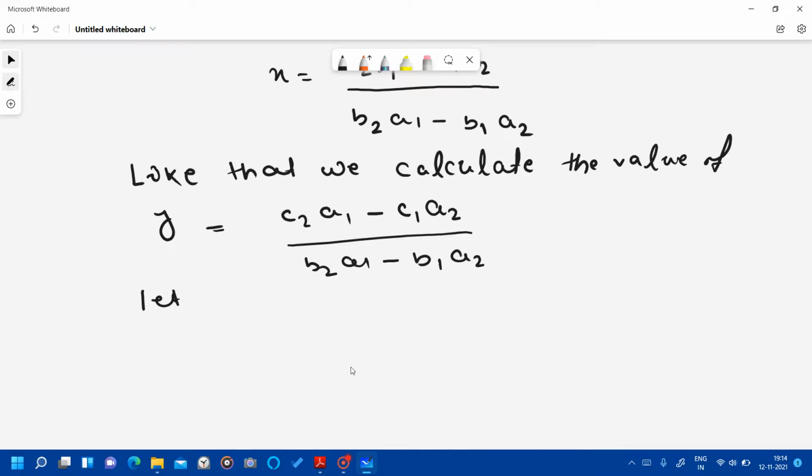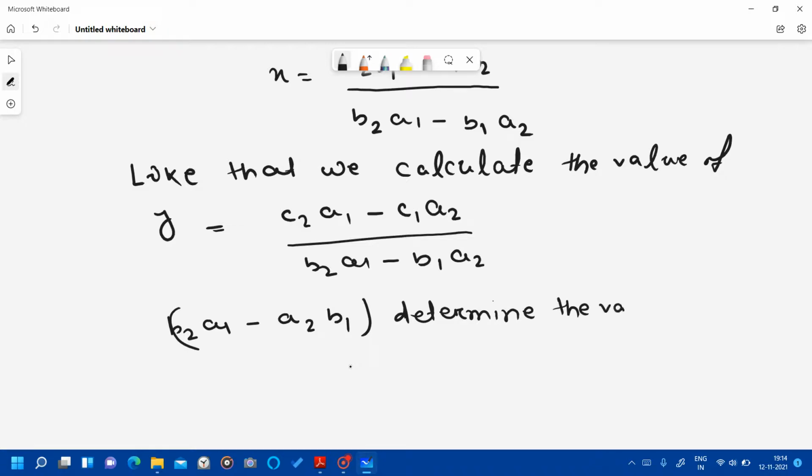Hence, b2a1 minus a2b1 determines the value of equations 1 and 2.